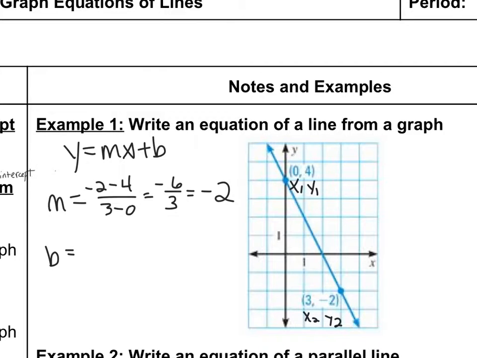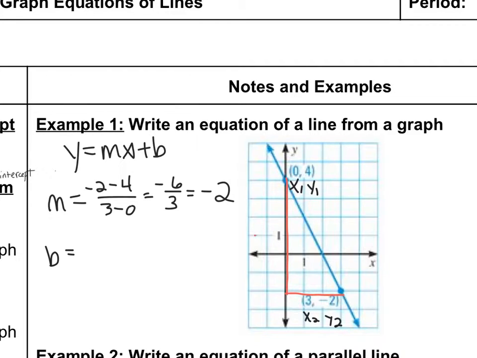Another way, when we have a graph like this, is we can connect these dots almost in the form of a triangle. We can count our rise here, which is negative because we're going down. So 1, 2, 3, 4, 5, 6.